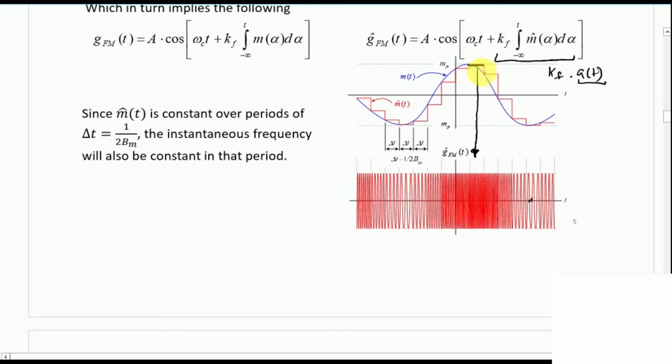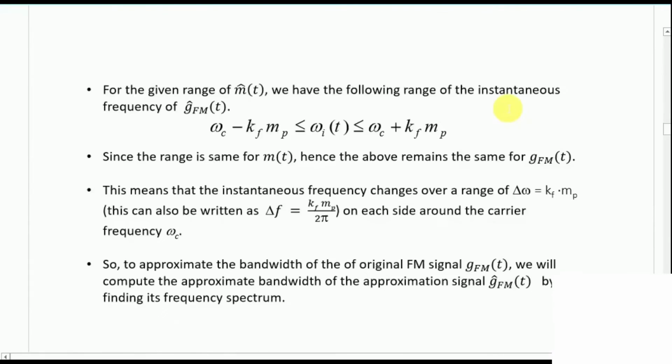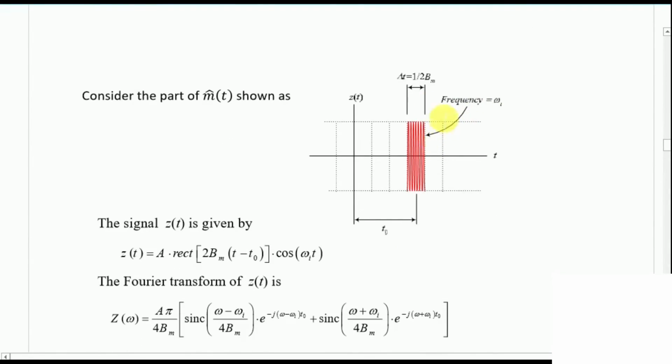We can express them as this signal plus this signal plus this signal and so on, which comes from linearity. We can just add them. So we are taking one block at a particular time, and we are calling it z of t, right? Now in this particular block we have a gated cos function.